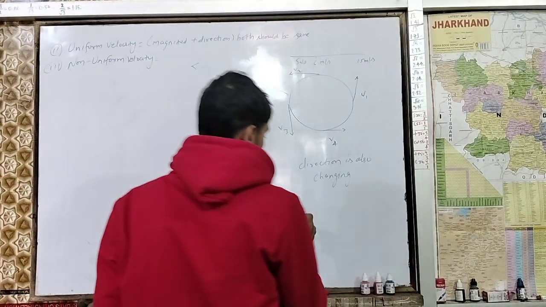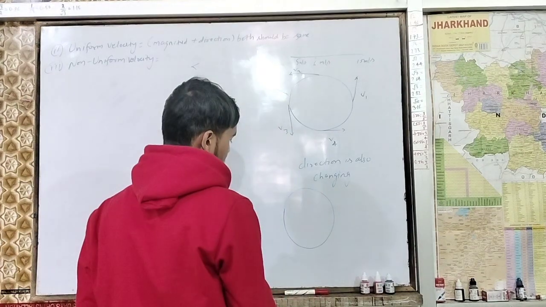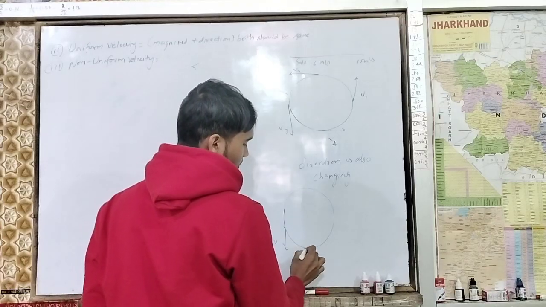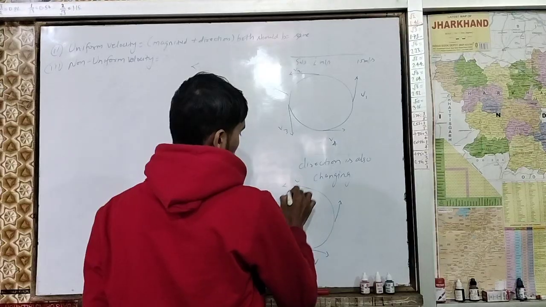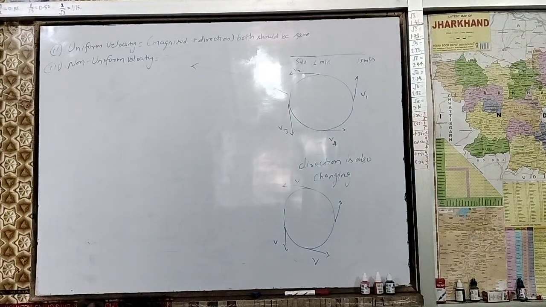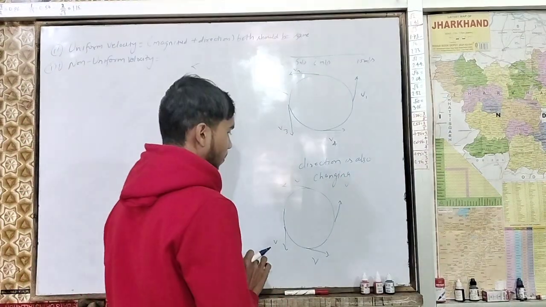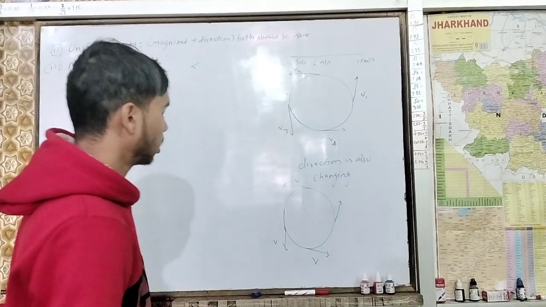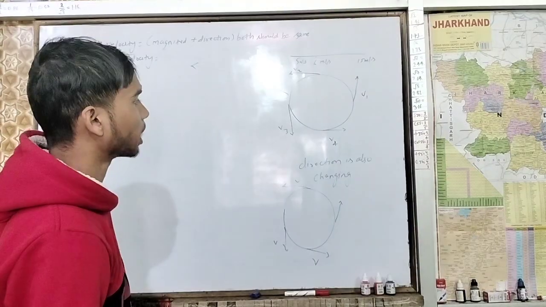You can also say that there is an exact circle, and the velocity is the same, but anyhow its direction will change. When it comes to a circle, the velocity is the same; with the same velocity, an object is moving along the border of the circle. Now can we consider it as a uniform velocity? No, not at all. Why?